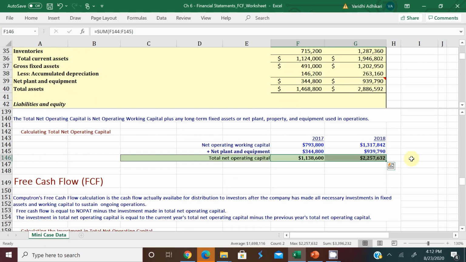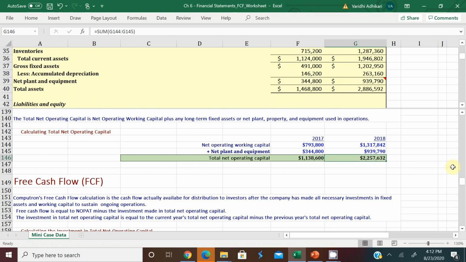Right, now what do we see? Considering both operating fixed capital and operating working capital, the total amount invested in 2017 was $1.1 million, but in 2018 it was $2.2 million.